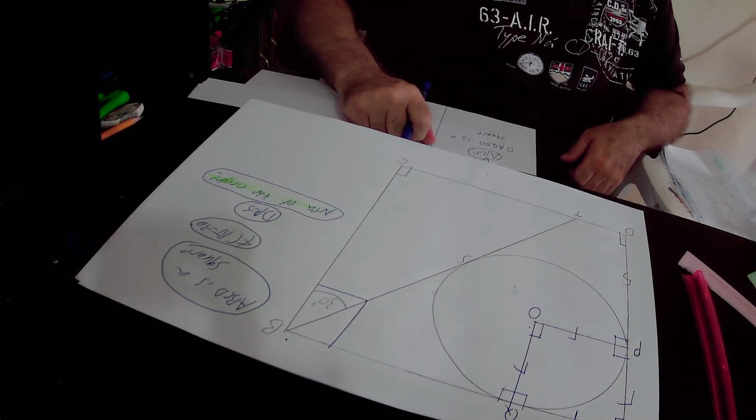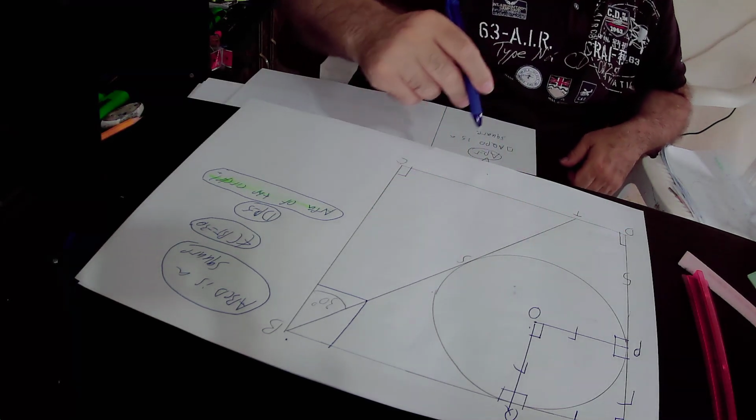We know that all the sides of square ABCD must be equal to each other.